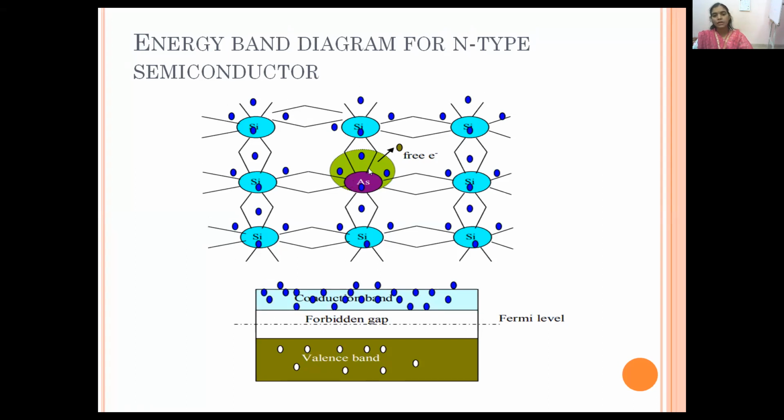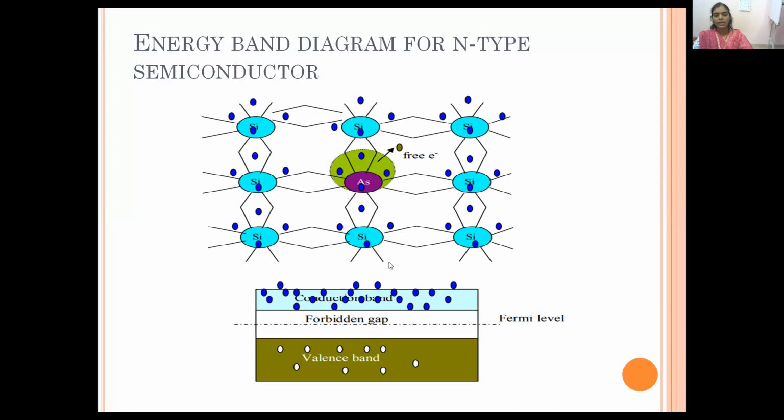The 5th valence electron finds no place in the covalent bond. Thus, it becomes free and travels to the conduction band. Therefore, for each arsenic atom added, 1 free electron will be available in the silicon crystal.